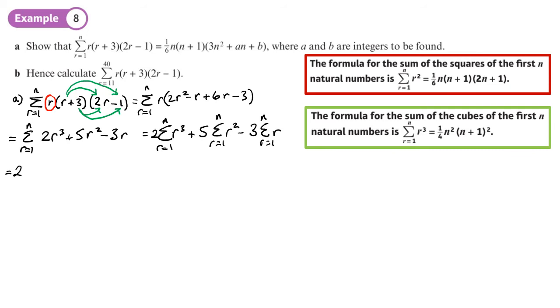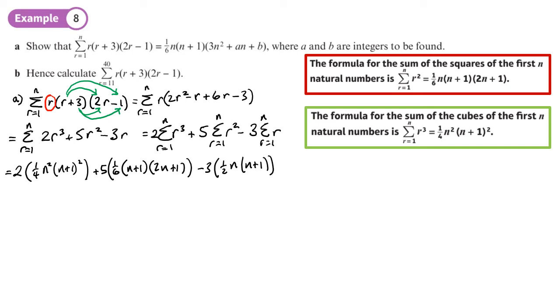So 2 lots of r cubed, that's a quarter n squared, n plus 1 all squared, plus 5 lots of the squares, so that's 1 over 6, n plus 1, 2n plus 1, minus 3 lots of half n, n plus 1.